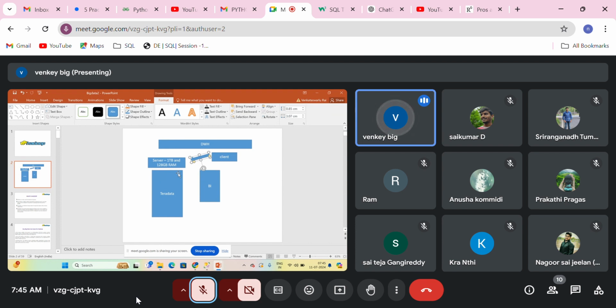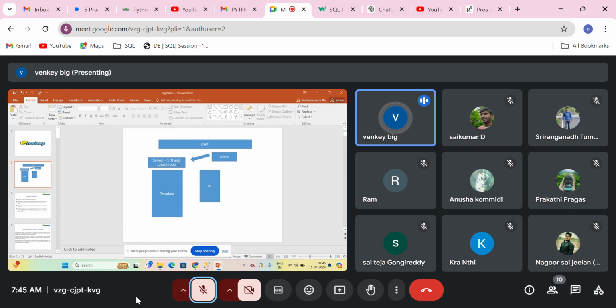So that is where we can use the client server architecture. When the client sends the request to this database server, your database server will respond to that request.